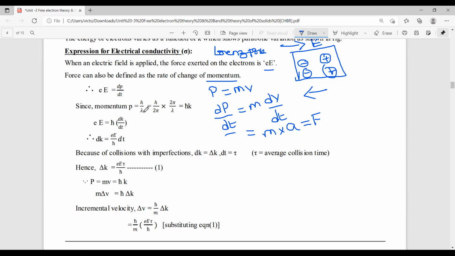Next, momentum P is equal to h/λ. How do we get P?